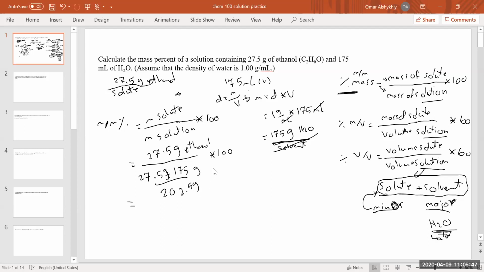Now let's divide it. 27.5 divided by 202.5 times 100. You will get 13.58, or approximately 13.6%, is the concentration of the solution.